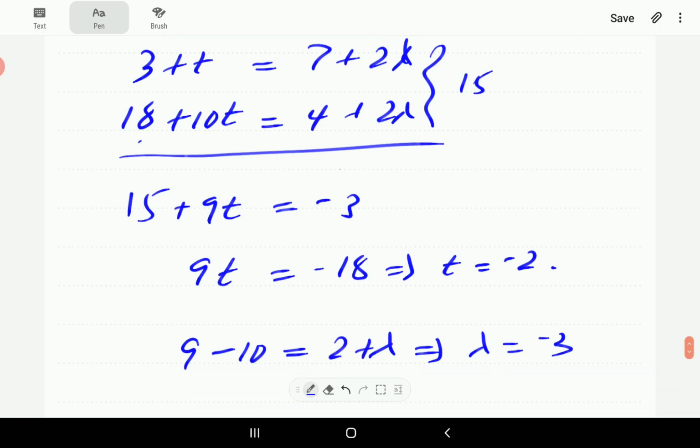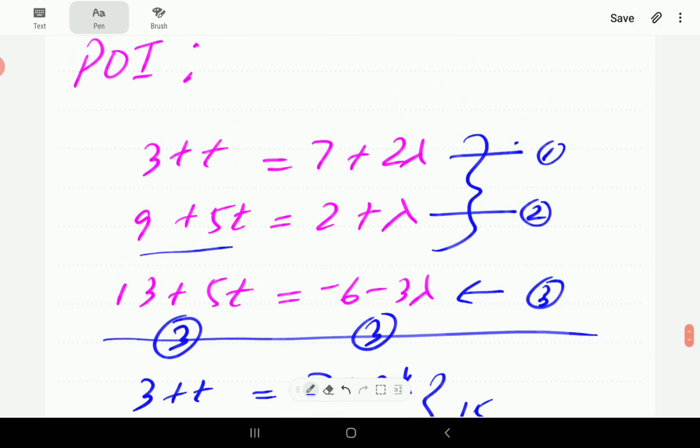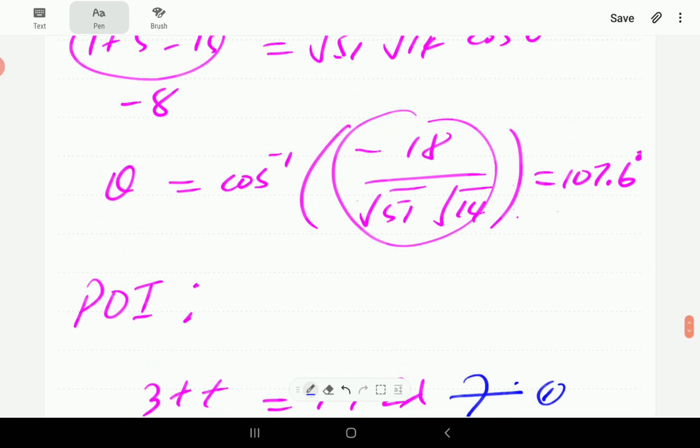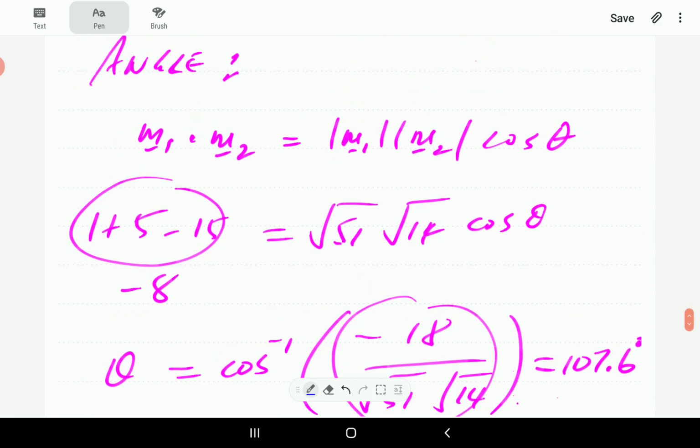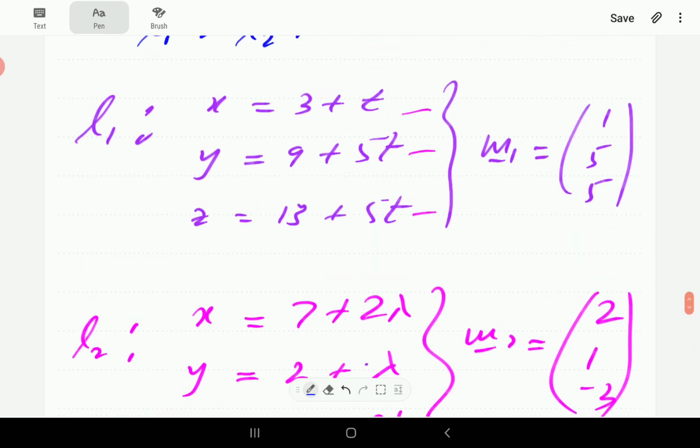If the third equation is not satisfied, then you conclude that the two lines are skew. Then after that, the point of intersection is simply a matter of plugging into any of these. For instance, we had t is negative 2, so that's going to be 3 minus 2, which is 1.